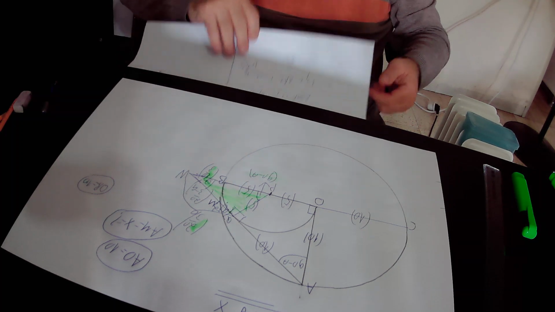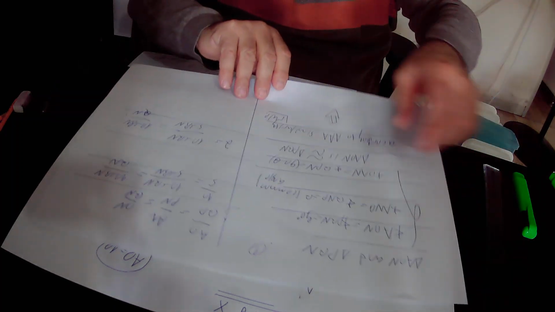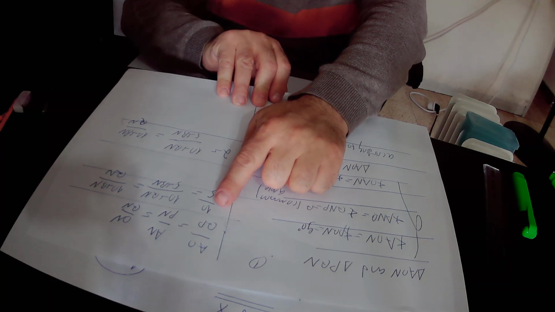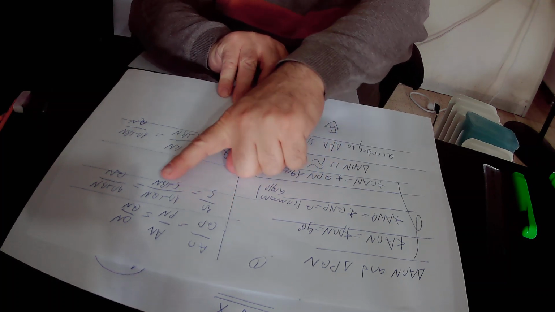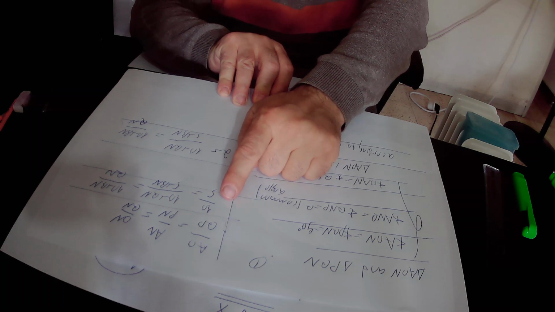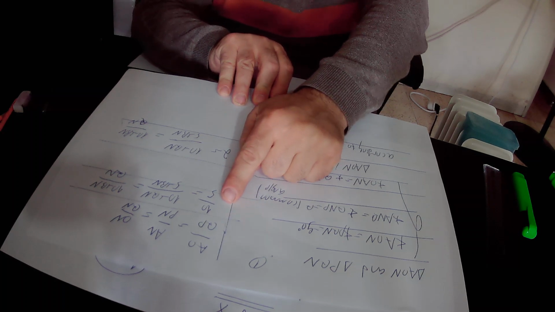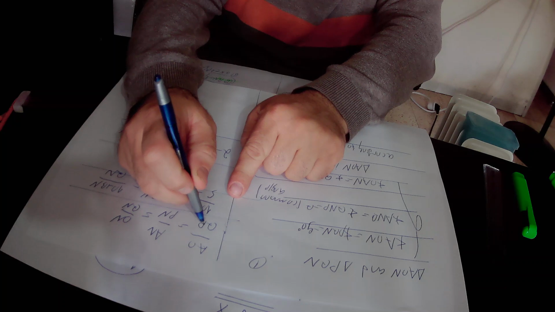I repeat again, we derive that AO over QP equals AN over PN equals ON over QN. AO is 10, QP is 5.